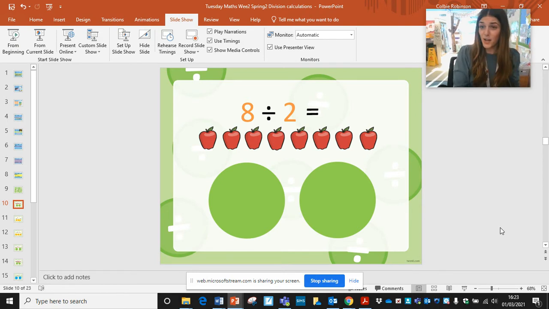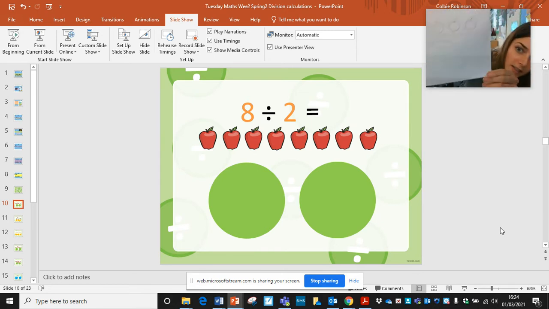With apples, they're different shapes and sizes, which is fine. Just going to check I've got the right amount. And they're pink, so I apologise, they can be pink lady apples, which are my favourite. Okay, so I have got my 8 apples, like so. See that? It's not the clearest. And I've got my 2 circles.